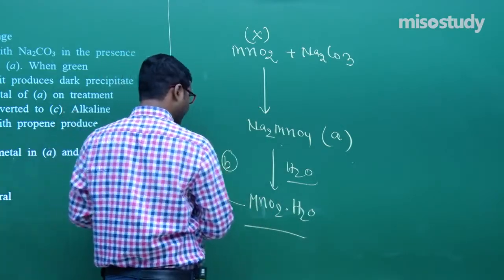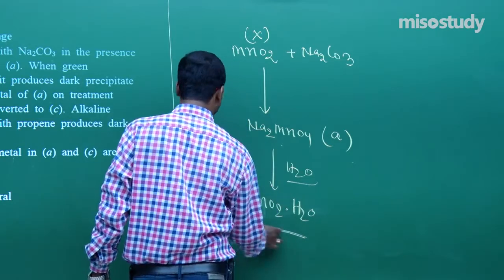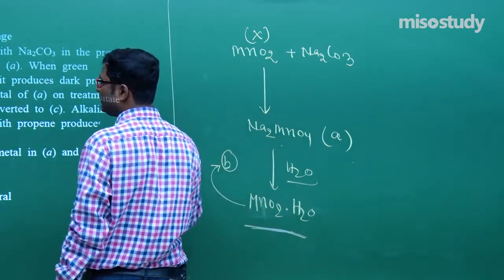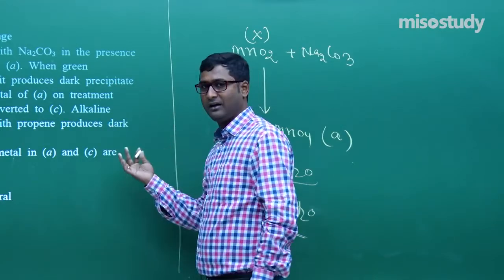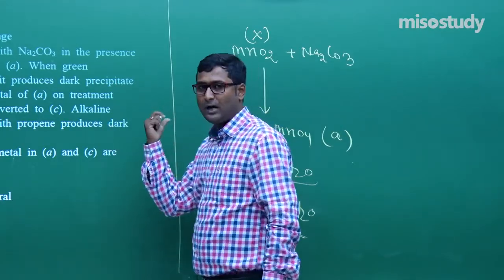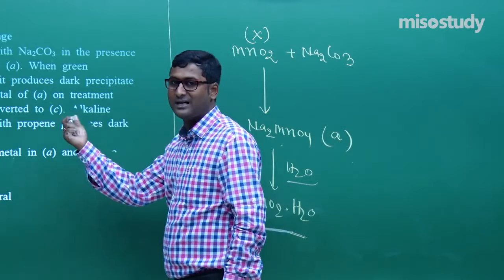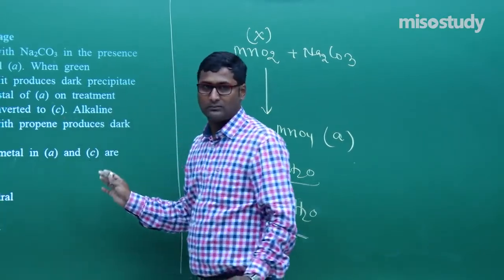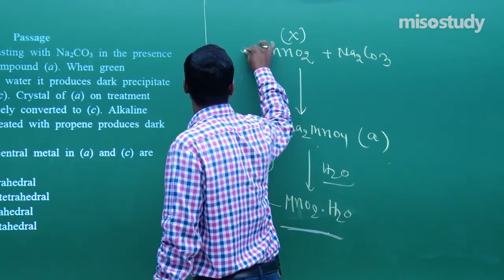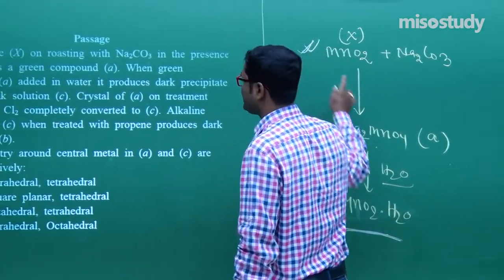Clear to you? You have to memorize the color changes also. Then and only then can you solve such kind of question, otherwise not possible. I have no special trick. You have to find out the color changes, then you can easily solve. Otherwise, no prediction. You have to take these things into your memory.